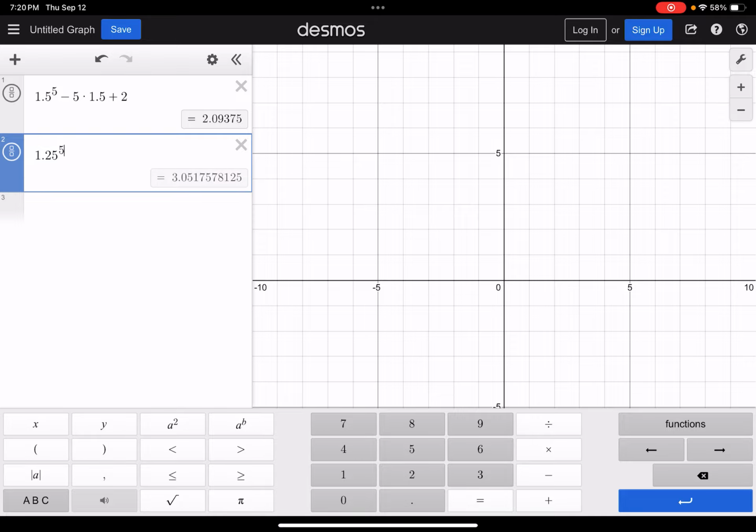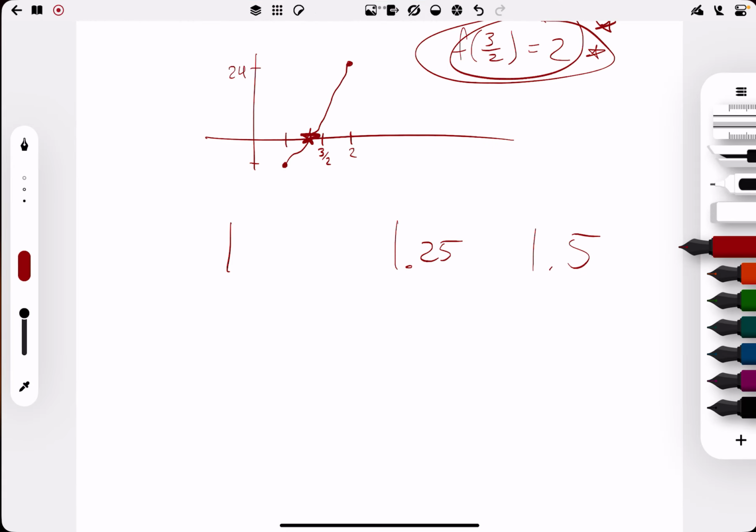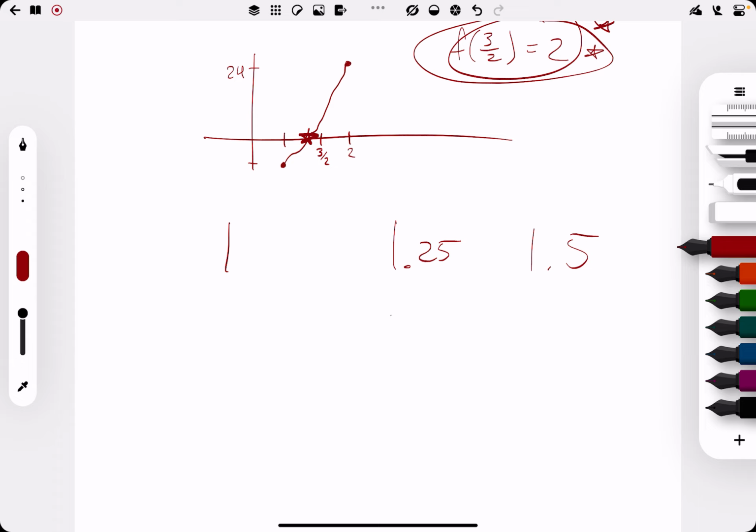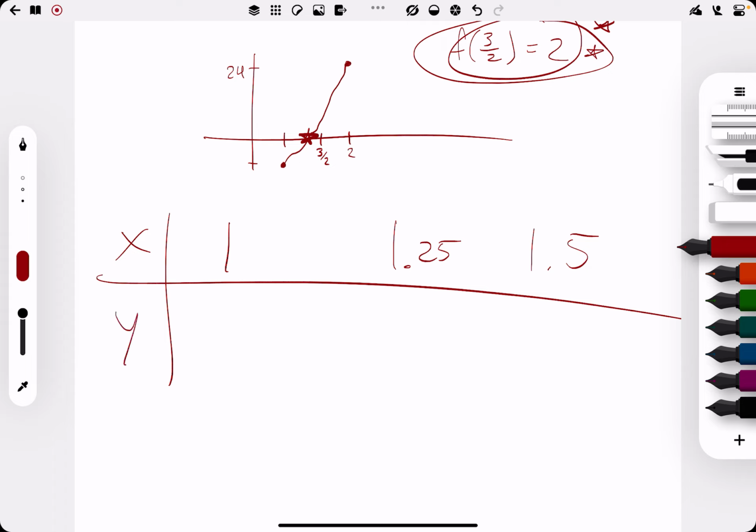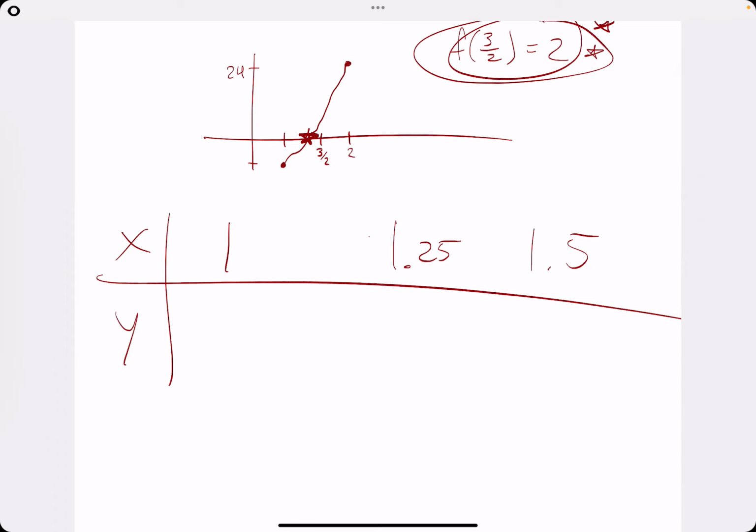So we're going to plug in 1.25. 1.25 to the 5th minus 5 times 1.25 and then plus 2. So we get a negative. So what does this mean? Let's do x values and y values. It's going to look real whack, but at 1.25 we got a negative, okay?